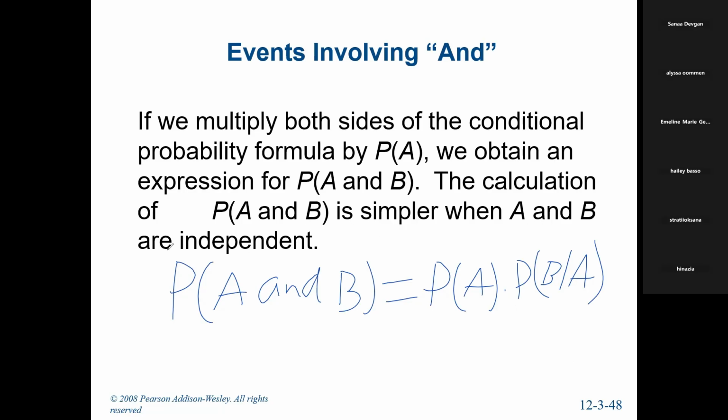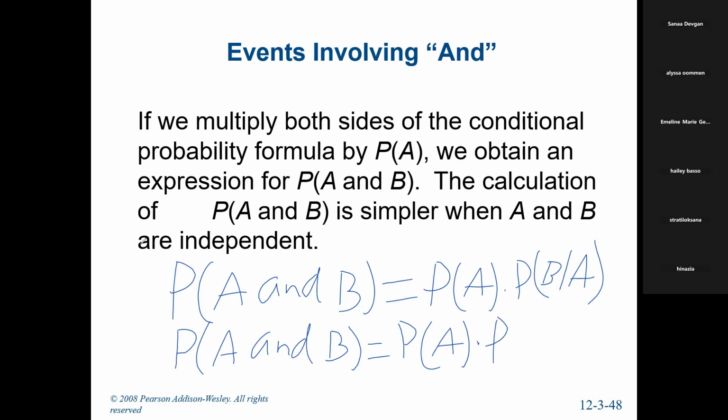So if they are independent, P of A and B will be P of A times P of B, because if the two events are independent, P of B given A is equal to P of B. Got it? Yes.